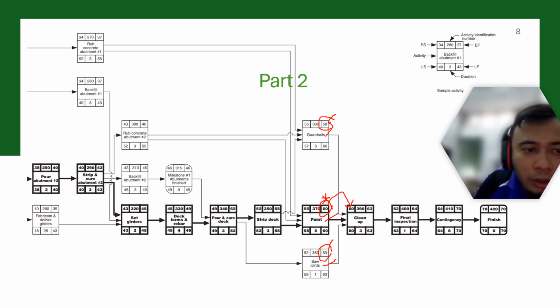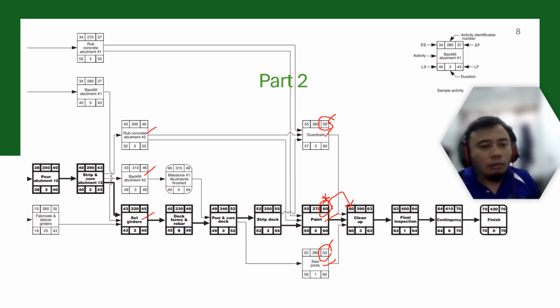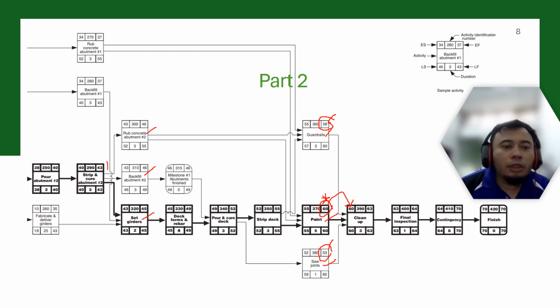Another example, let's take a look at this burst activity. Strip and cure abutment bursts into rub concrete abutment number 2, backfill abutment, and then set girders. This earliest finish defines the earliest start for these three activities.